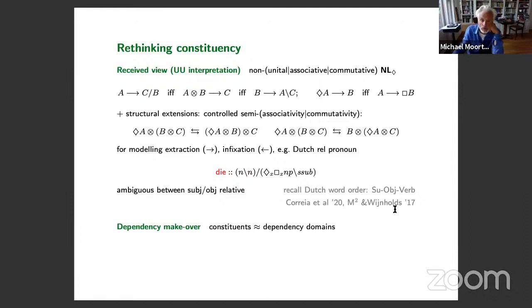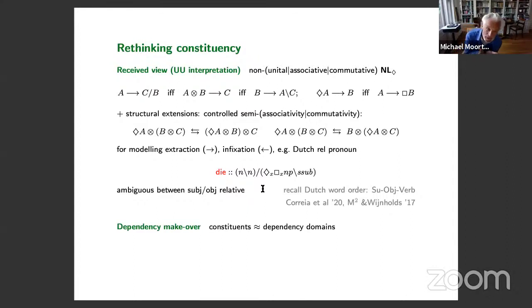Here is the type for a Dutch relative pronoun, which says that this hypothesis here is going to have to find its place somewhere in the subordinate clause in order to semantically interpret it. What you have to recall here is that Dutch is a verb final language where all the complements are preceding the verb, which is the cause for this ambiguity.